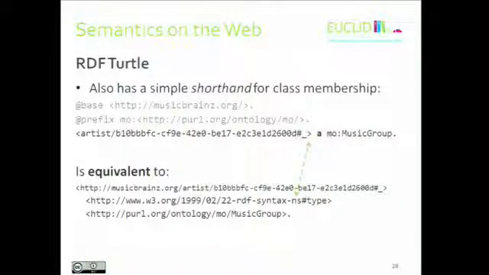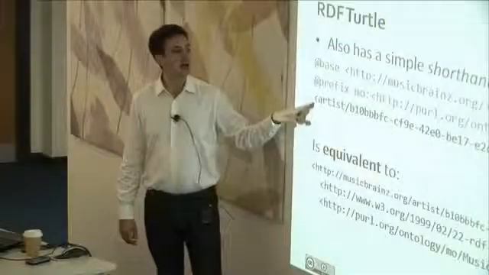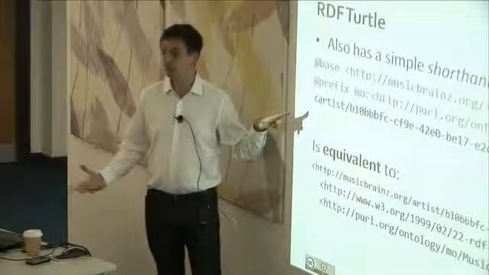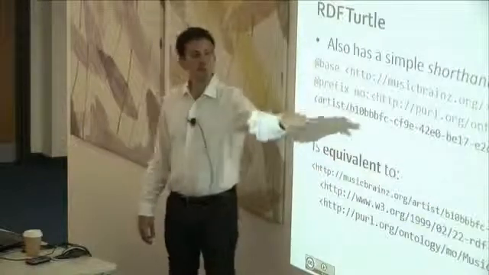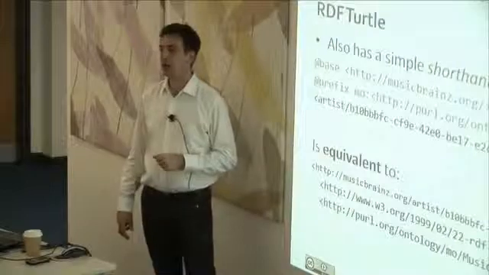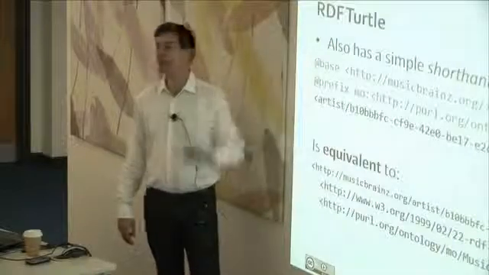So here's an example using that language, which generalizes N-Triples. Again, just to remind, this is called Turtle. So we introduce a base, and here it's written correctly. We're saying the base is musicbrainz.org/. Okay? We have a prefix for the music ontology, and then we specify a triple. But while we've put angle brackets around the subject, that's specified relative to the base.